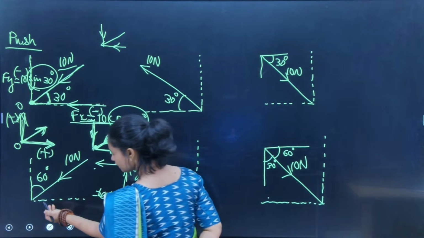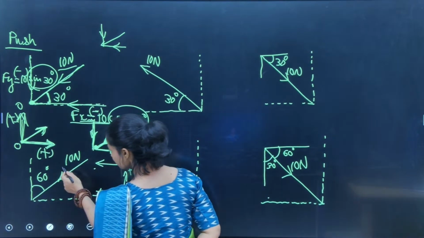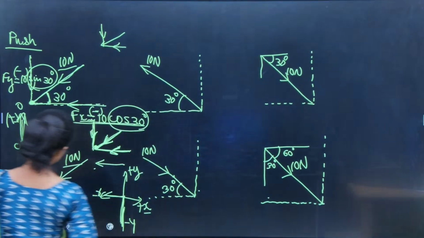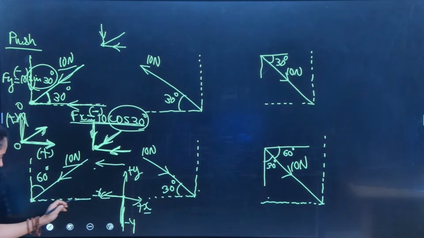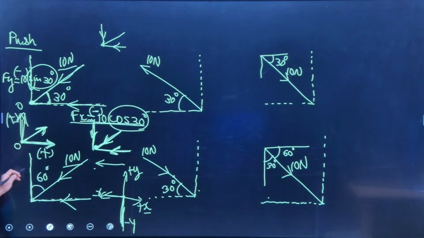Now come here. Here the force is the same, 10 Newton, okay? And it's a push type force coming towards the point. So the components will also be coming towards the point, right? Fx, Fy, right?